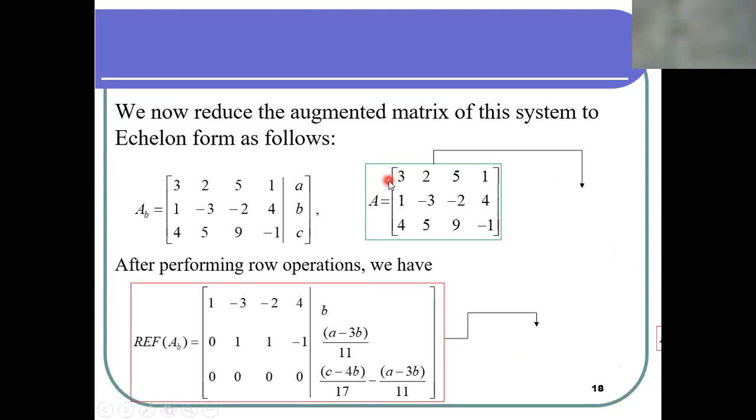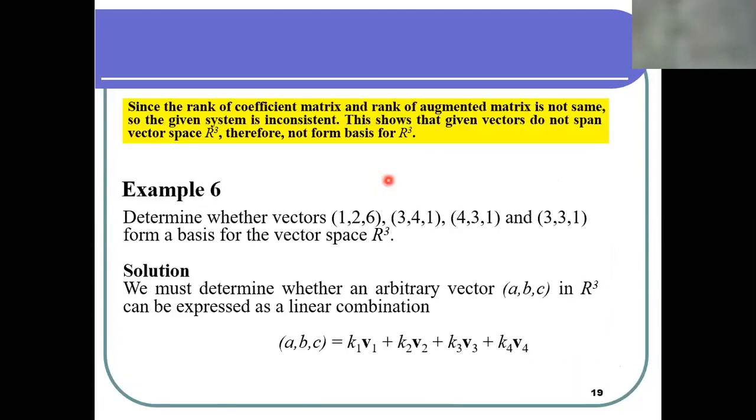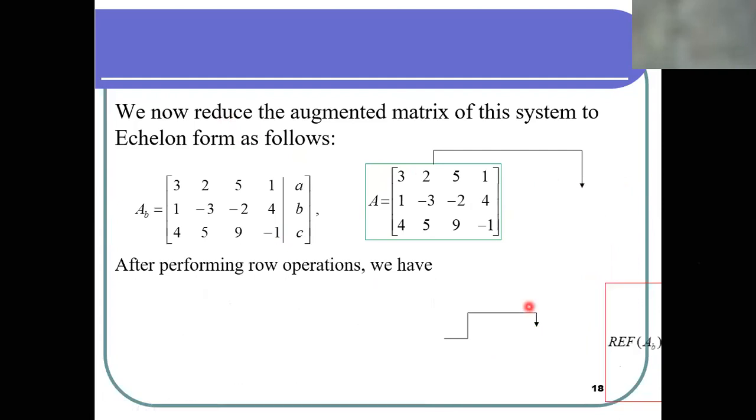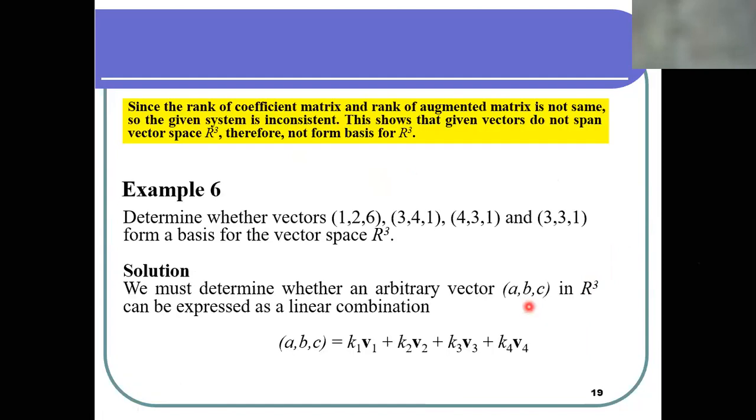So you should not calculate all this stuff available on slide number 17 and 18. So determine whether these sets form a basis for R3 or not. So dear student, once again the number of vectors is greater than the dimension of the vector space.